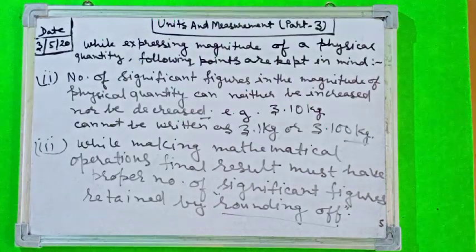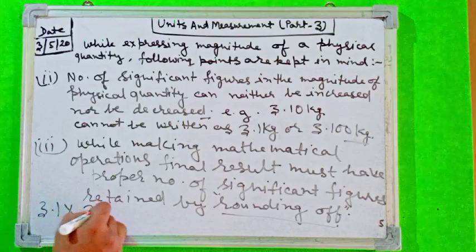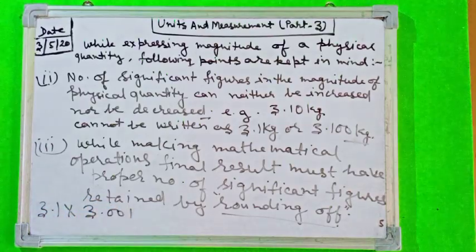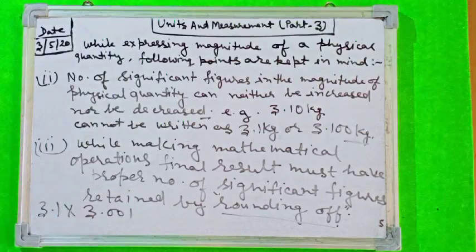Suppose I am multiplying any two quantities, for example 3.1 into 3.00. After doing this mathematical operation, the result must not have more significant figures than the multiplied values.